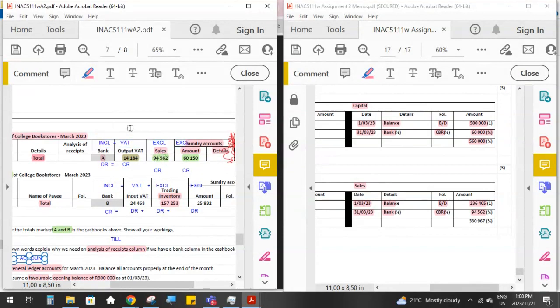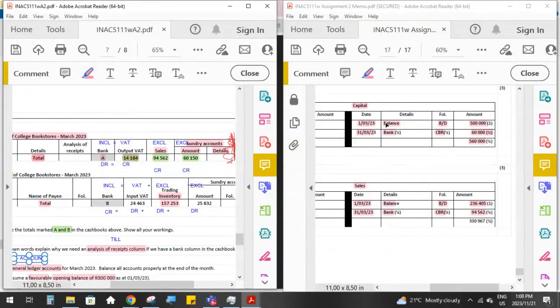I am debiting bank, crediting output VAT with 14,184. So in my T account, output VAT, you will see the balance of the amount that in total was debited to the bank account. The credit to output VAT plus the credit to sales will equal the total that was debited to bank for my total sales.